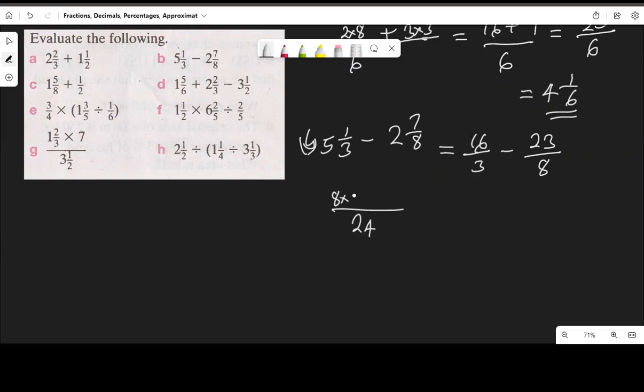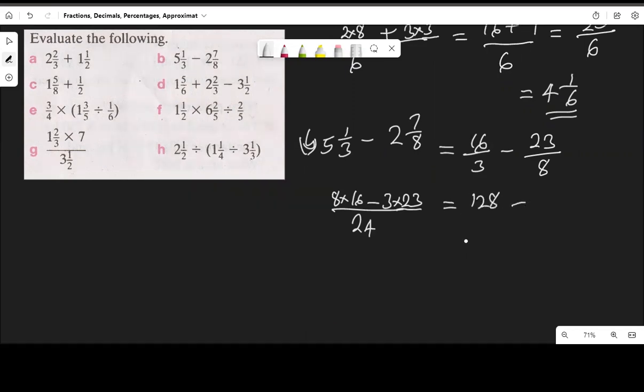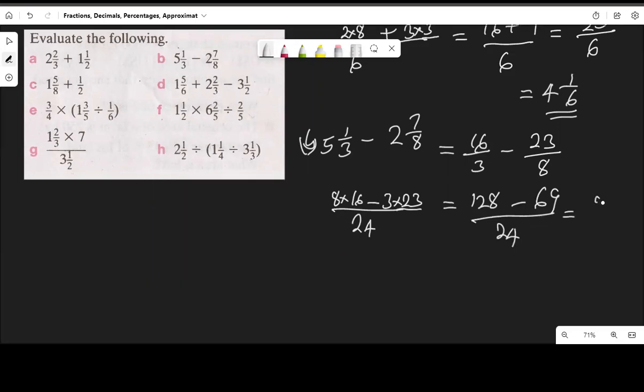So 8 times 16 minus 24 divided by 8 is 3, multiplied by 23. 8 times 16 is 128, minus 3 times 23 is 69, all over 24. 128 minus 69 is 59 over 24.